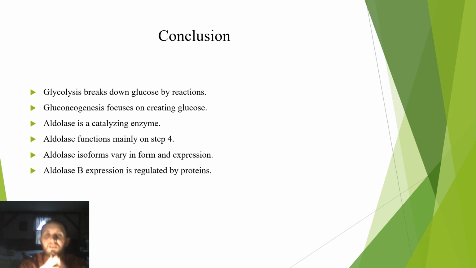We discussed the different isoforms and their expression, and then we talked about how it was important for aldolase B expression to be regulated by the four proteins: HNF1, HNF3, DBP, and C/EBP.